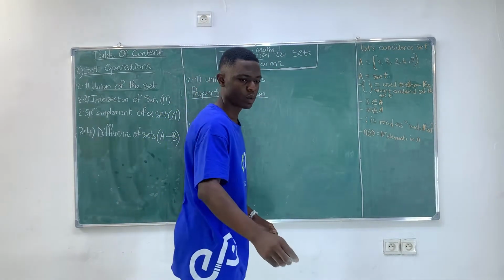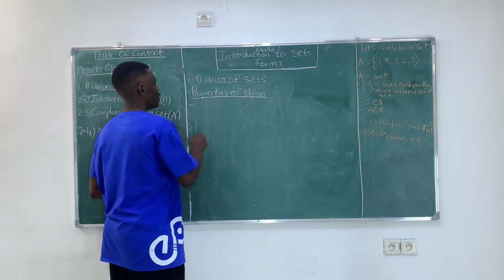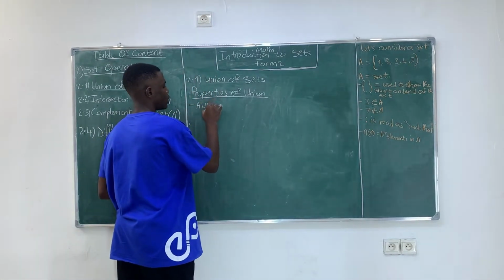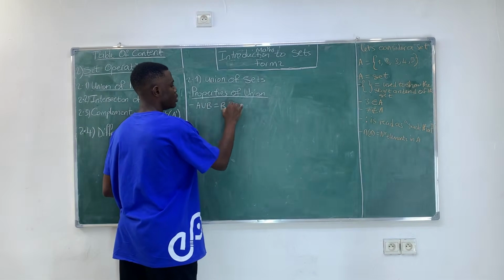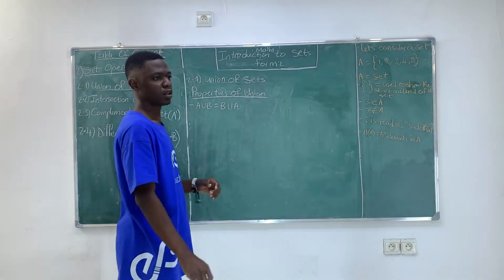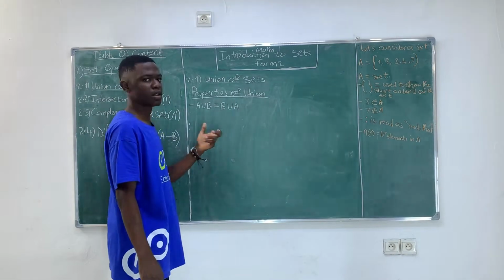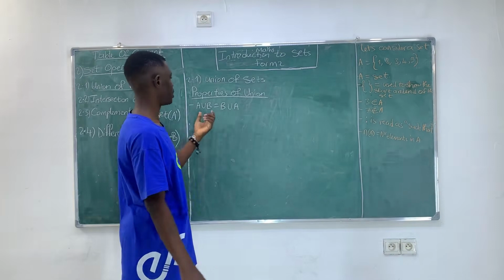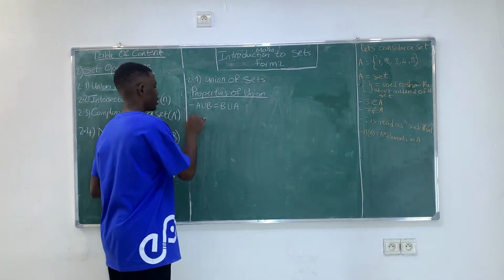For the properties of union, we have property 1: A union B is equal to B union A. A union B equals B union A. Whichever order, they are the same. For this first property, I don't think we need to prove it; it is logically correct.